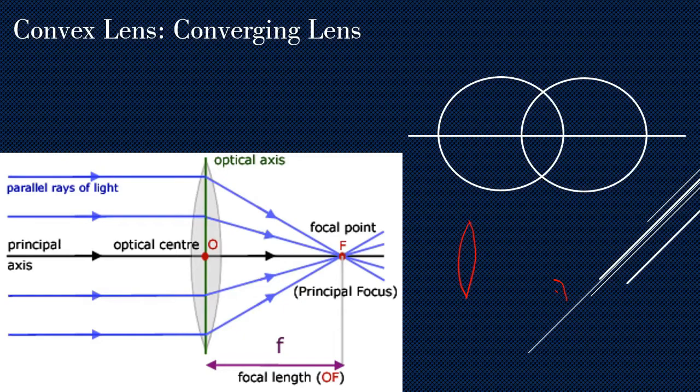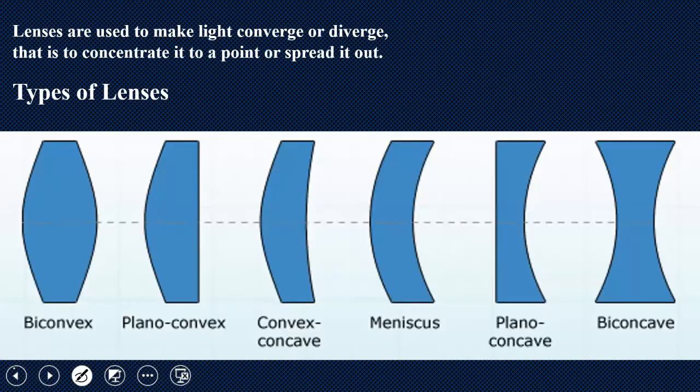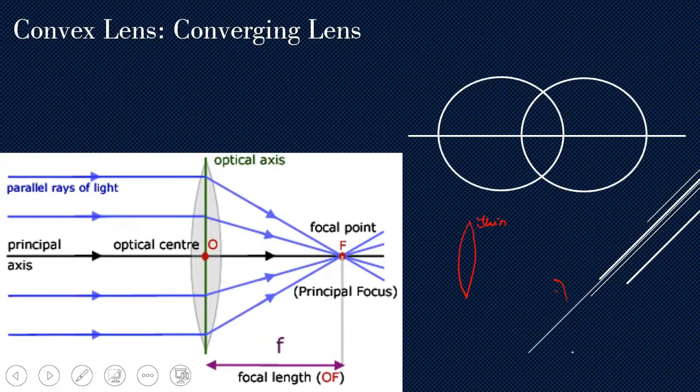Okay, so as you can see in the diagram, this is your convex lens. If you want to differentiate between a concave and a convex lens, what is the convex lens? A convex lens is thin at the ends. This is also thin, right? This one is thin and it is bulging at the center. When you see, it is coming out, so it's bulging at the center.